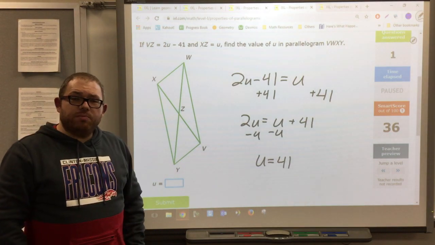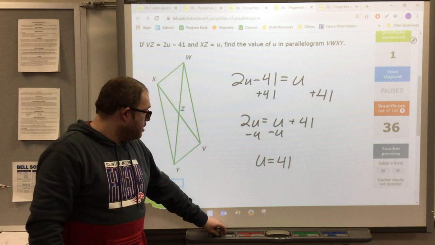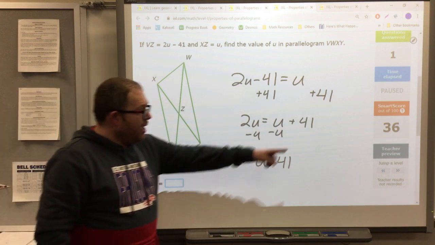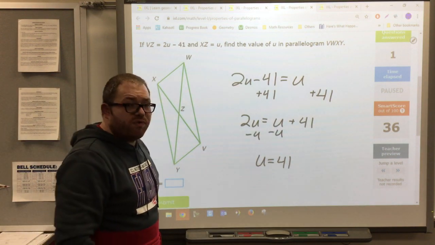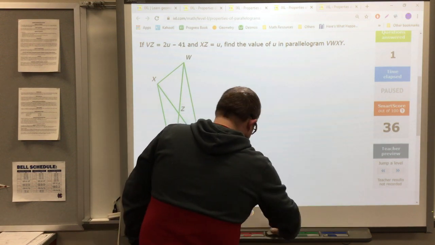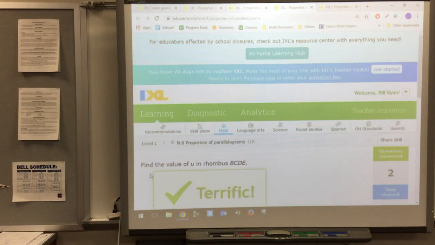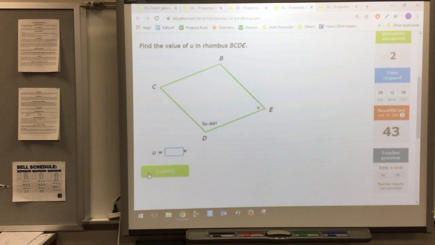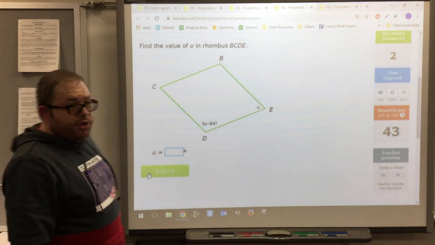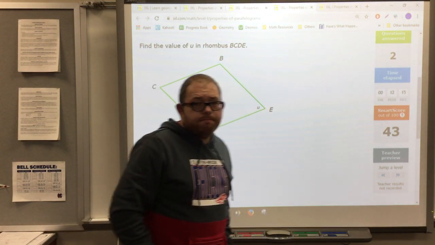However, if it had asked me to find the length, I would just plug it back in. So we'll type in 41 and make sure our score increases from 36. And you can see that once again our score has improved.